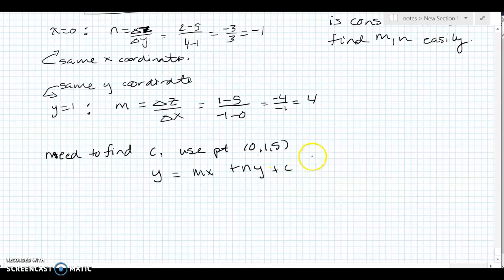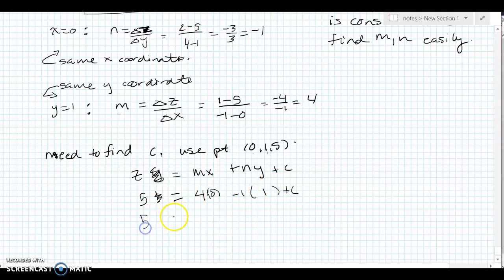So I am going to use this point. M is 4, x is 0, n is minus 1, y is 1, and z is 5, plus c.